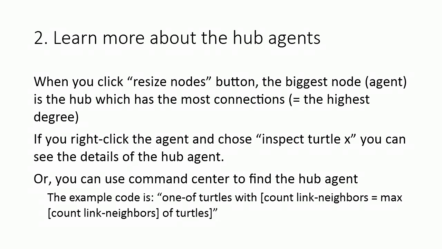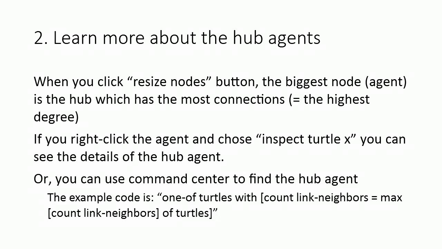I'd like to encourage you to think a little bit more about the idea of what is a hub. The resize nodes button provided in this model makes the size of the node proportional to its in degree, or its number of connections. And you can go in and right-click on that agent and inspect it and find out the details of the hub agent. Or you could use the command center.